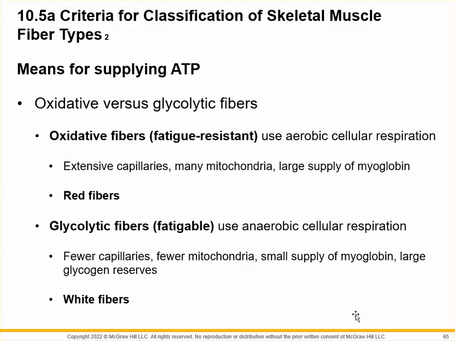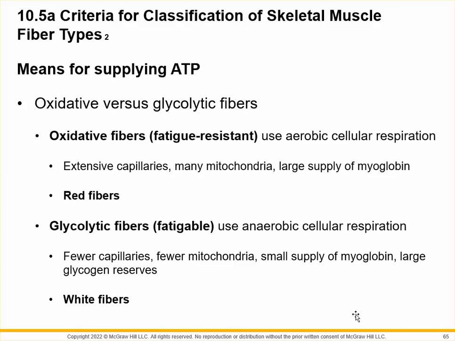Okay, I want to just demonstrate this and have you think about it. Turkeys are big, heavy birds, and they walk around all day long. They're on their feet all the time.